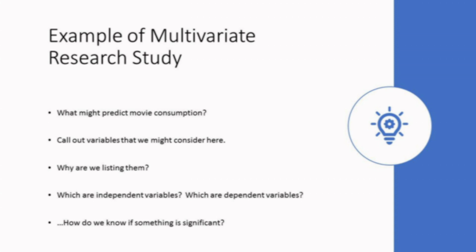So we run our tests, and in this course, you will be learning about different multivariate techniques. How do we know that something is significant? It's a very, very complicated question.